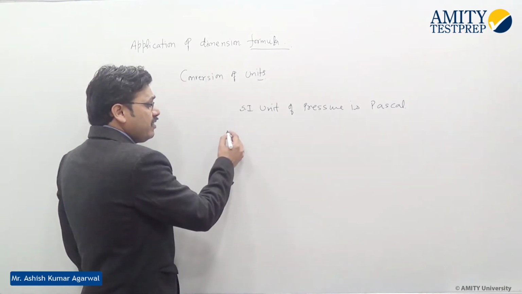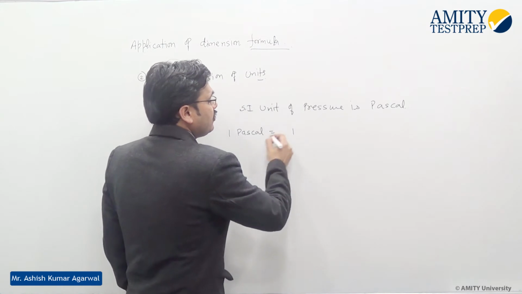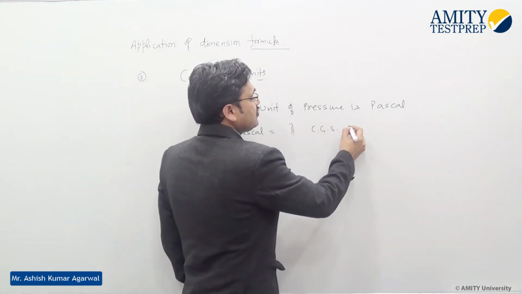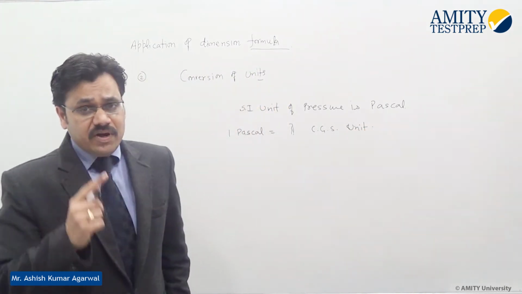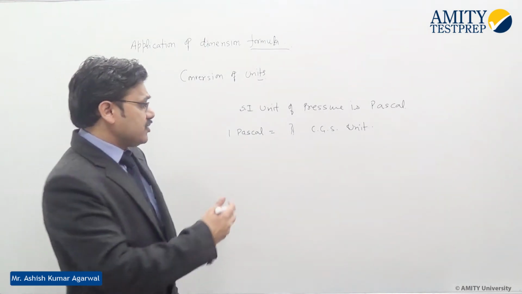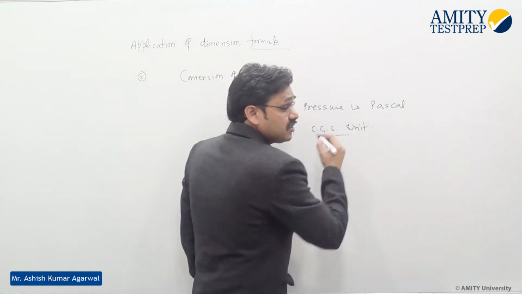So 1 Pascal is how many CGS units? We have to find this out, because I am considering two systems here. One is the SI system, another one is the CGS system.